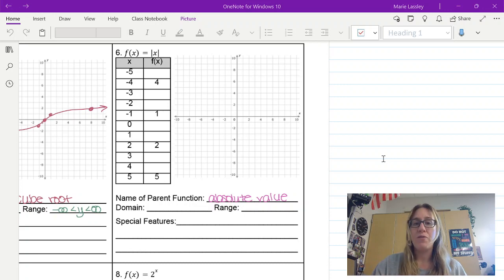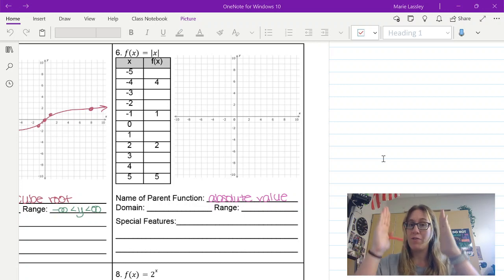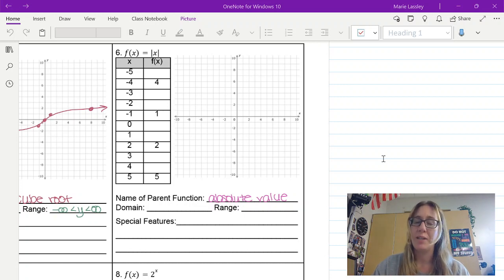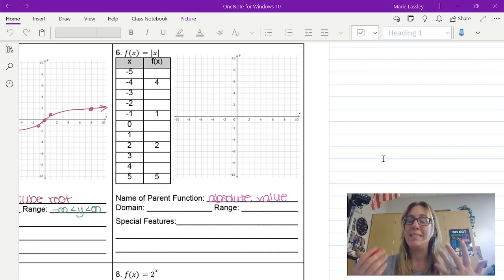So an absolute value function is always going to spit out a positive value. That doesn't mean the answer will always necessarily be positive. It just means when you take something out of those absolute value signs, that number will always be positive, because when you're doing distances, which you would have learned in geometry last year, you only have positive distances. Since absolute value is that distance from 0, it's always going to be positive.